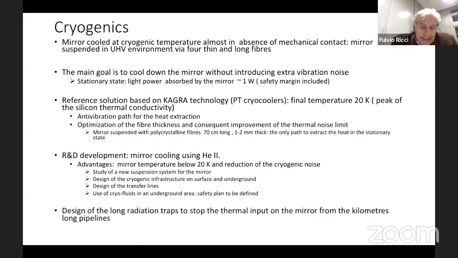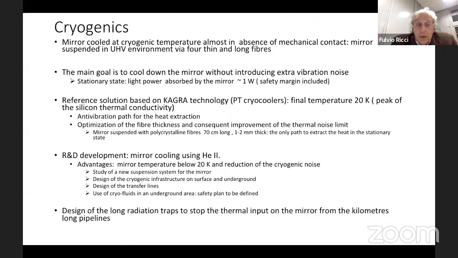The other side of the coin is the fact that this requires a cryogenic infrastructure on surface. We need to design the transfer lines. You need to define a safety plan when we are using cryofluids in an underground area. So there are several points that must be clarified, designed, and studied.